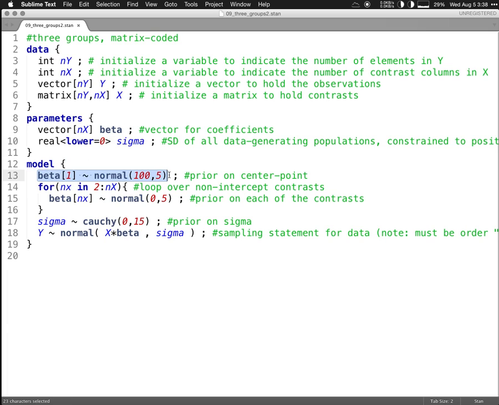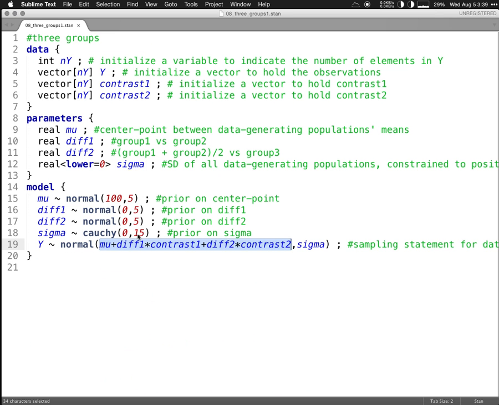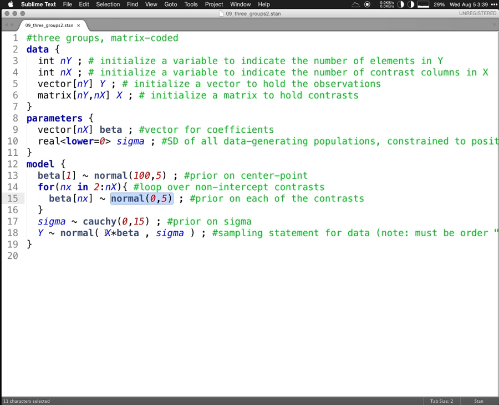The first coefficient is the intercept. We estimate it as a normal centered on 100, and then the other 2 coefficients are given the same prior distribution. And then finally, instead of all these sums and multiplications to set each y group to its proper mean, we just say x times beta.